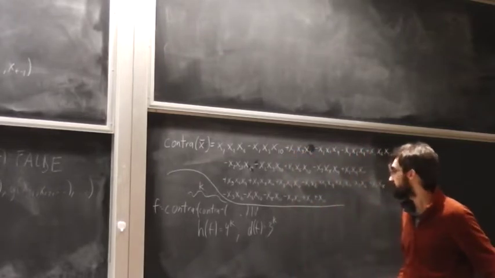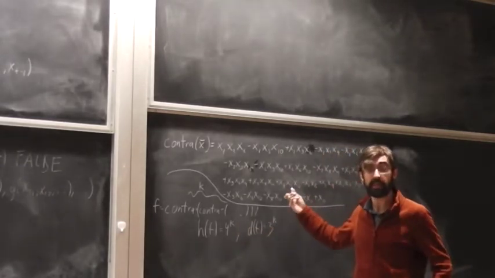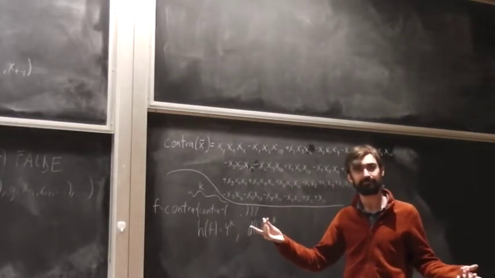And simply put, there's no c such that 4 to the k is less than or equal to c times 3 to the k for all values of k.